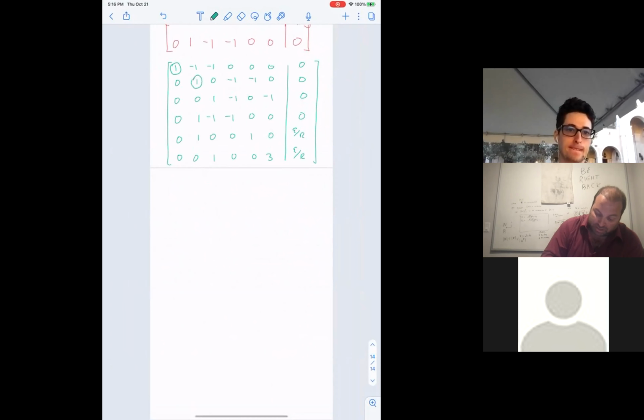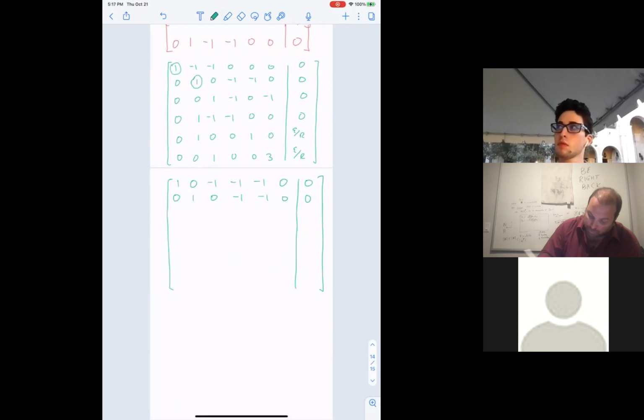My pivot for my second column. So that means the second row, I'm going to keep. But the first row, to get rid of that -1, I'm going to add them. 1 plus 0, -1 plus 1, -1 plus 0, 0 plus -1, 0 plus -1, 0 plus 0, 0 plus 0. Third row, I have a 0 there, I'm happy with that.